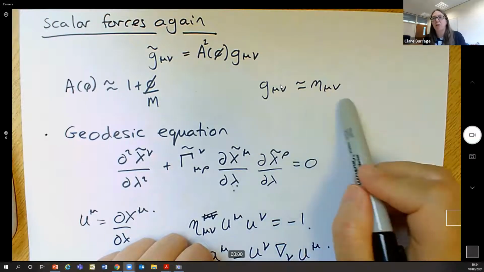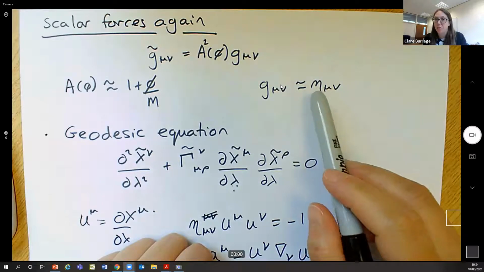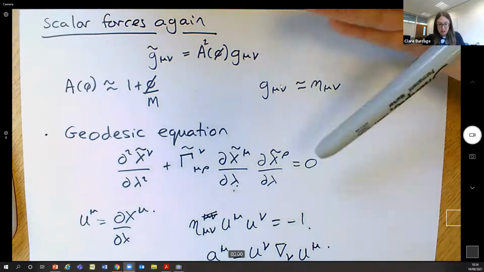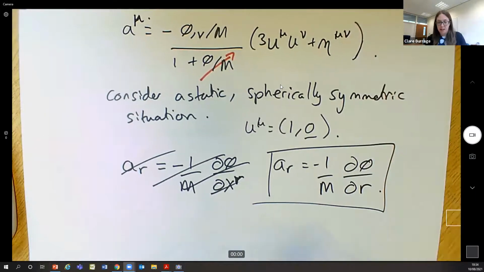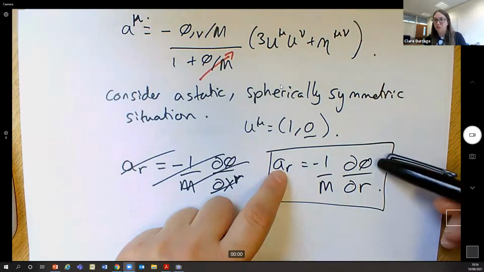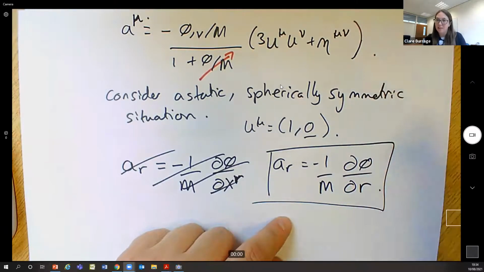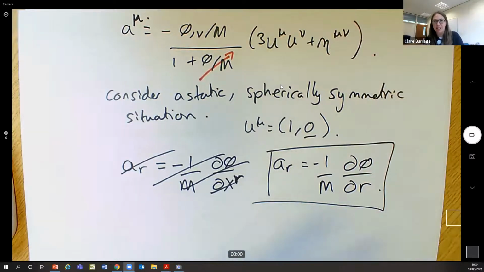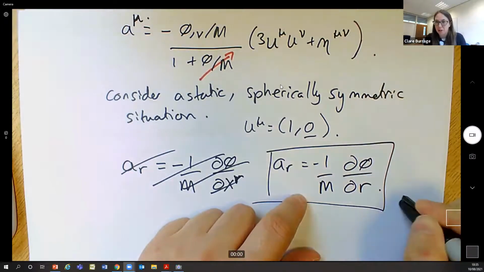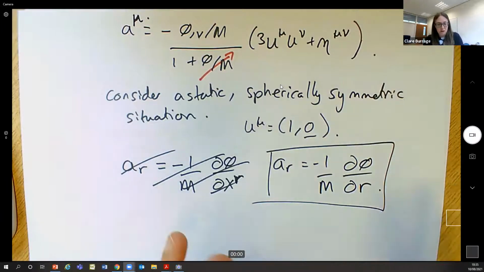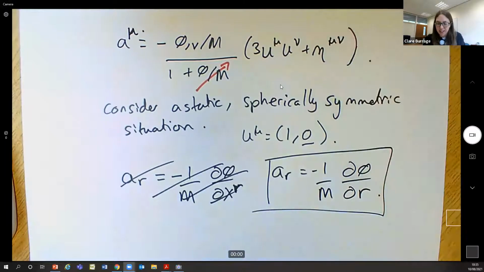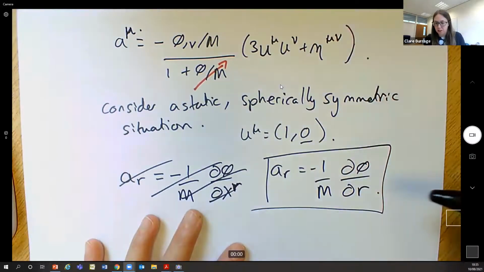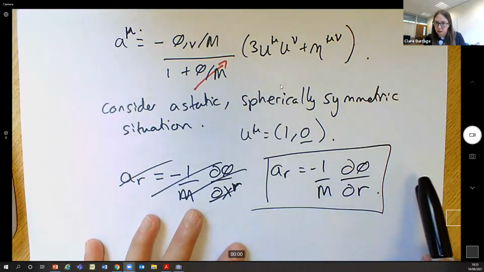I could have written down the metric with the Newtonian potential here and kept that in the calculation, and then what we would have found at the end of the day is that we get one term that looks like the derivative of our scalar field, plus, again assuming that we're in the weak gravity limit, the derivative of our Newtonian potential. I dropped that to keep things a little bit tidier. But if you wanted to do that version of the calculation, you can follow it through, and you just find that these two things add up.